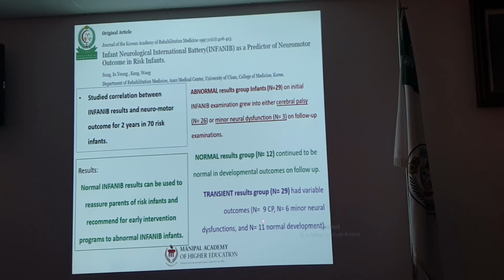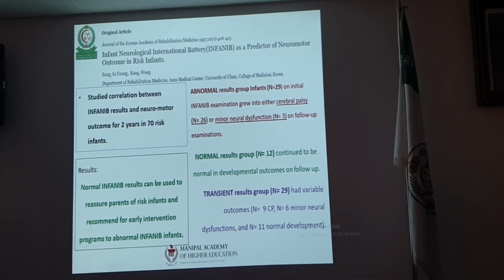Sorry, 9 turned out to be cerebral palsy, 6 turned out to be minor neurological dysfunction, and 11 turned out to be normal. That means there will be a transition to either side: either they will be normal, they will be cerebral palsy, or they will have minor dysfunction. So what was concluded?